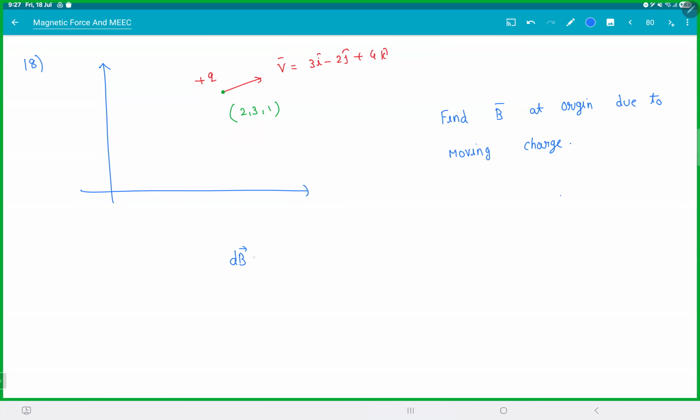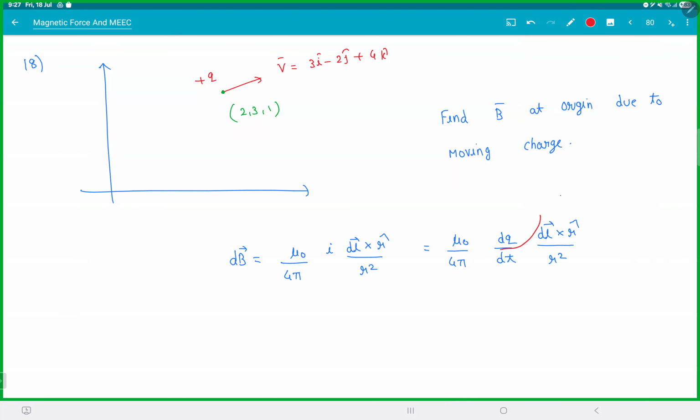The Biot-Savart law: dB bar is mu naught by 4 pi, current I dl bar cross r cap by r square. We can write that current as dq by dt, times dl bar cross r cap by r square.